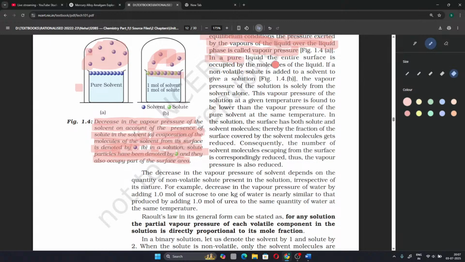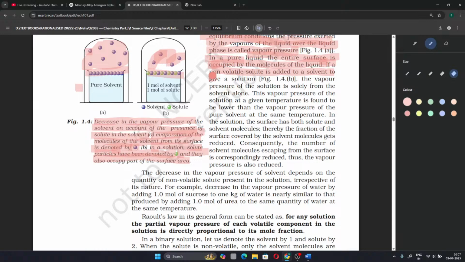In a pure liquid, the entire surface is occupied by the molecules of the liquid. If a non-volatile solute is added to the solvent, like here in this pure solvent, the surface is completely occupied by the solvent molecules.